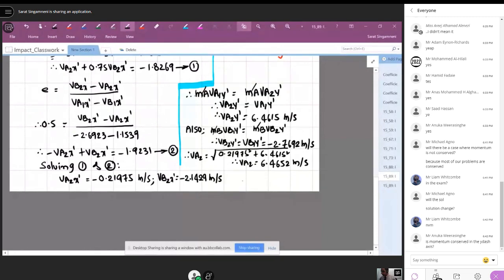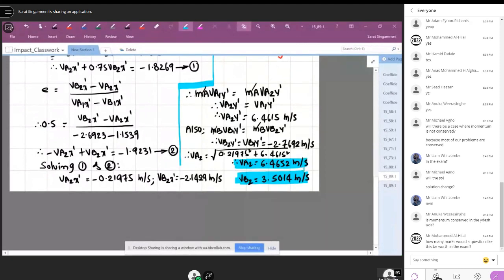In a similar way, we can calculate VB2 as the square root of VB2 x dash squared plus VB2 y dash squared. Skipping those numbers, I'll put the final answer, 3.5014 meters per second. These are the two answers he's asking for.